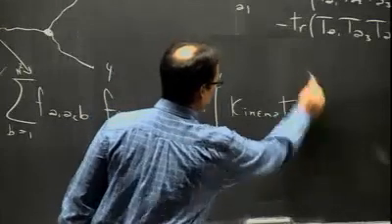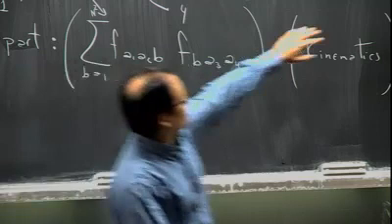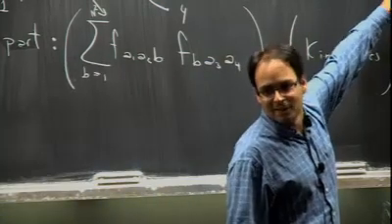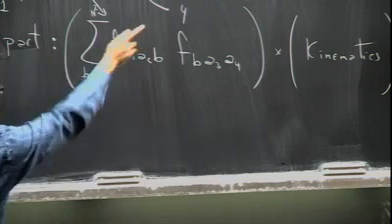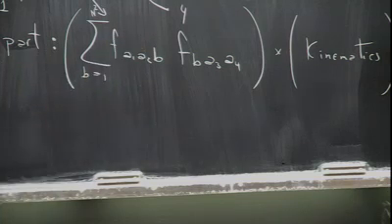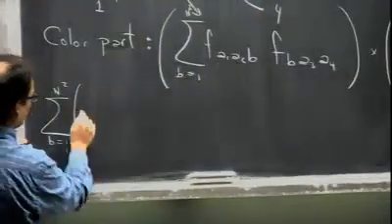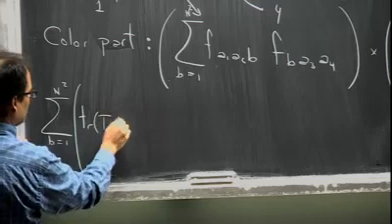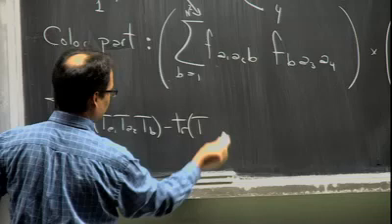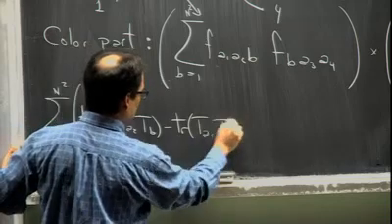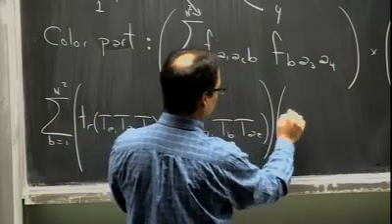Now I use my fancy identity, or my trivial identity over here. It's actually trivial, to write each of the structure constants in that form. So I'm going to sum over B. I write the first one as a trace of T^A1, T^A2, T^B minus the trace of T^A1, T^B, T^A2, and the second one likewise.